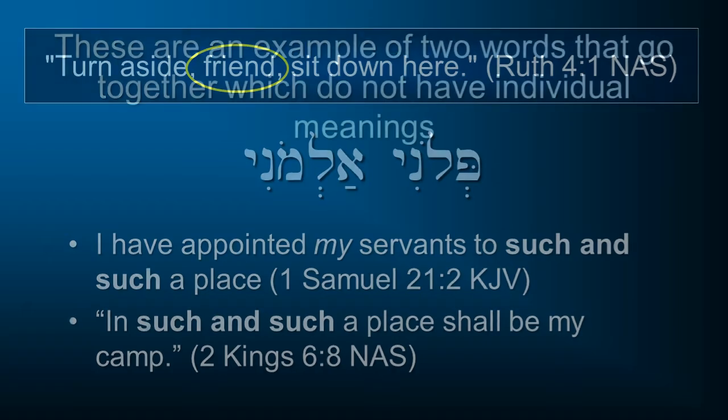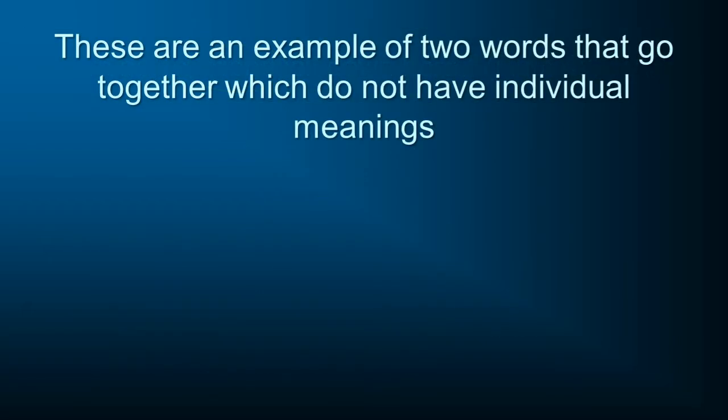Now there are several examples of two words that go together in English which do not have individual meanings and yet taken collectively carry a similar idea to what we're saying here. When I talk about helter skelter, have you heard that term? And maybe if you're not a natural English speaker, you might not have heard it.